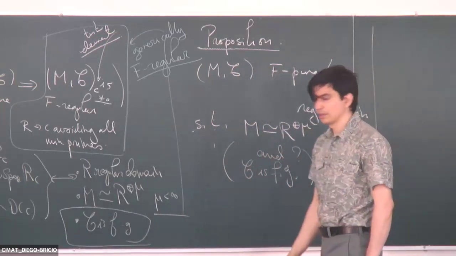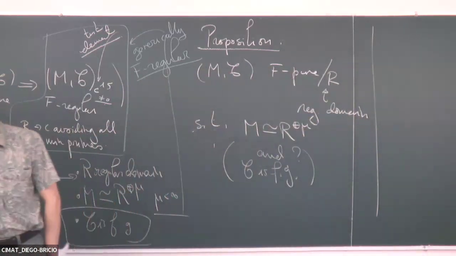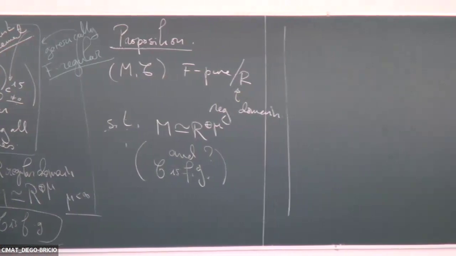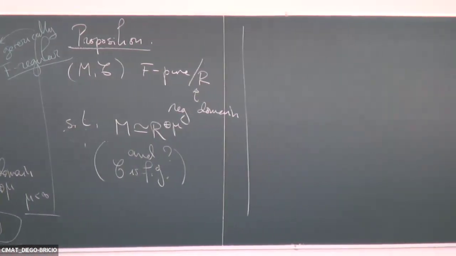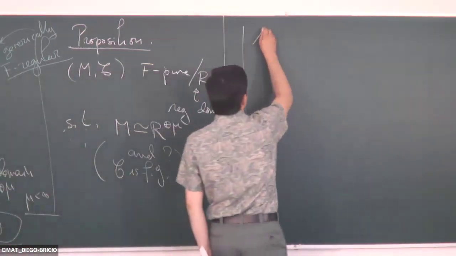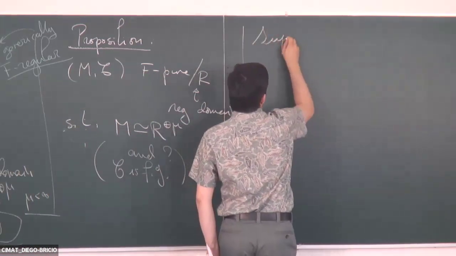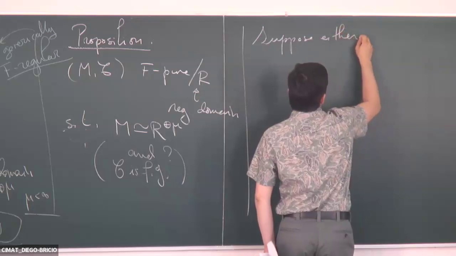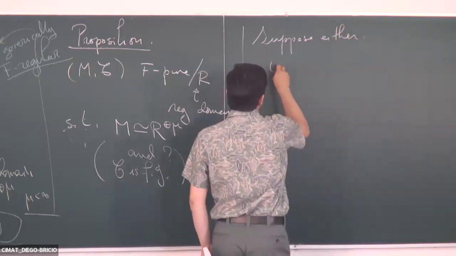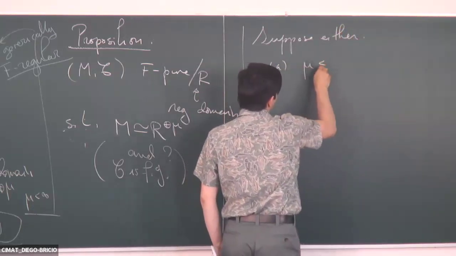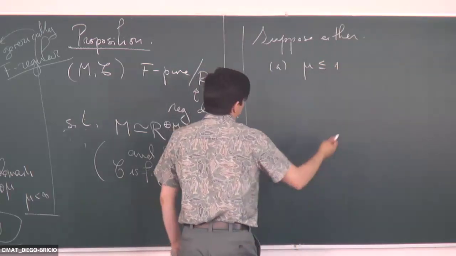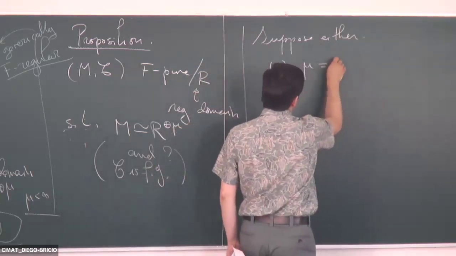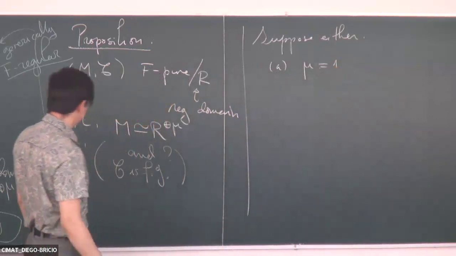Now here we're going to have at least two hypotheses. Suppose either, A, that mu is 1. I mean, this really means mu equals 1, right? If n is 0, there is really nothing to prove.